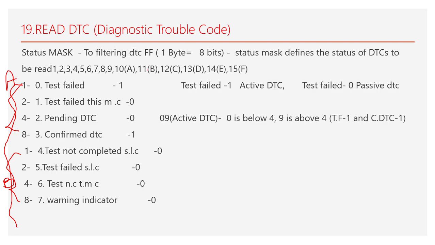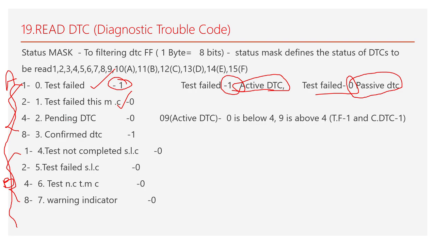If the test field bit is 1, then we get the active, or present, DTC. If the test field bit is 0, we get the passive DTC.